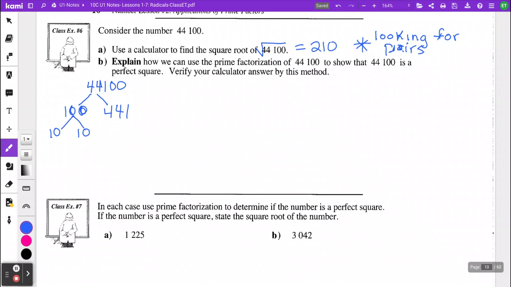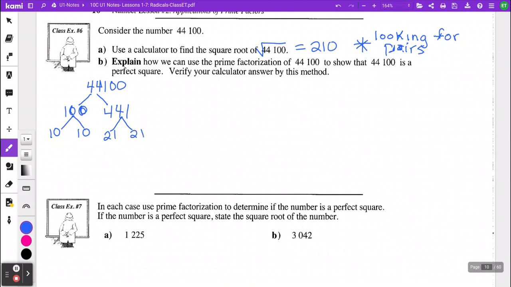So now I've got my two pairs, or one pair, I should say. 441, I think, breaks down into 21. Let's check it out. Yeah, it breaks down into 21. So this guy has a pair of 21s.